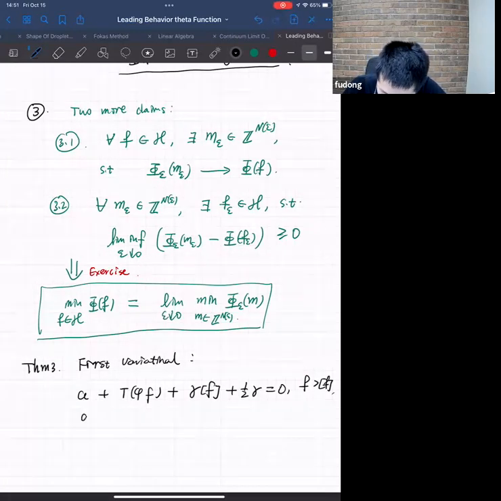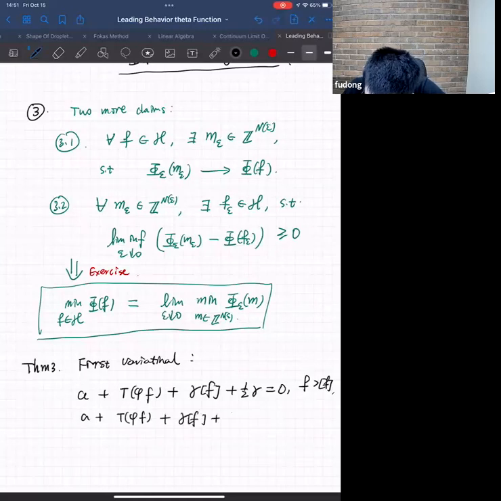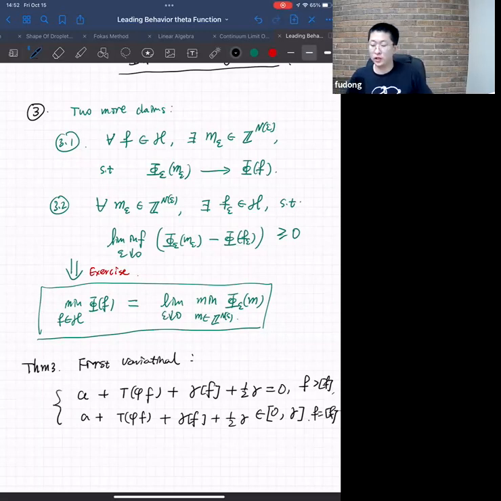If f is integer, then a plus t phi f plus gamma f integer plus 1/2 gamma belongs to 0 and gamma. So this is the variational condition.